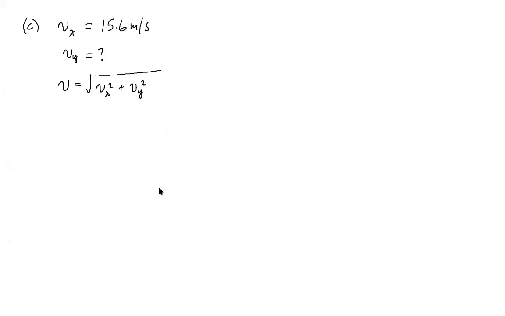So what we have is Vy is equal to V initial y plus AT, but that is equal to V initial y minus GT, because, oh, this should say AY, sorry, because AY is equal to minus G, right?